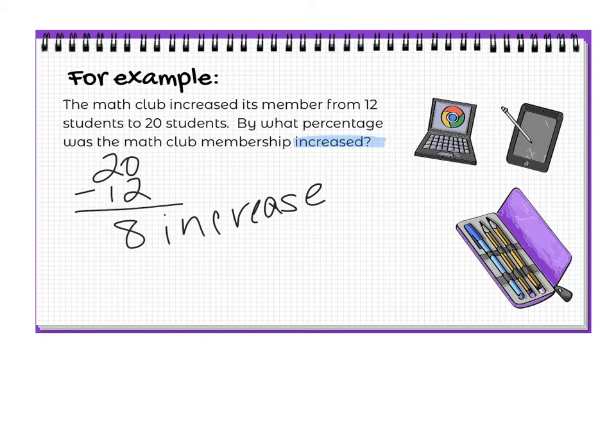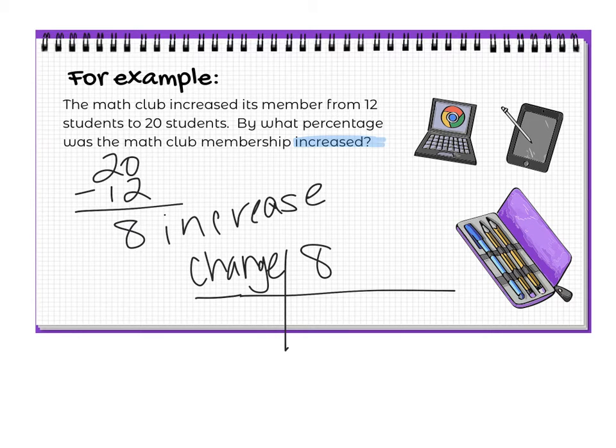Okay, so let me get my table going here. This is going to be my change. Well, my change is 8. I have 8 more students. And this was what I started with. So original, starting, whole, whatever you want to call this. I started with 12 students, okay? 12 is 100% of my students.